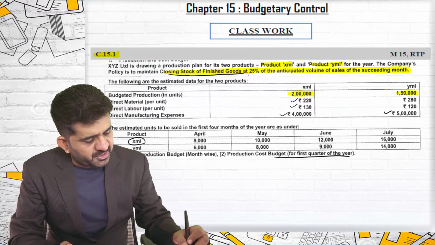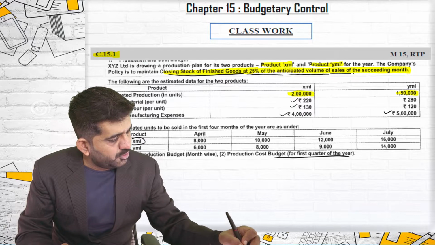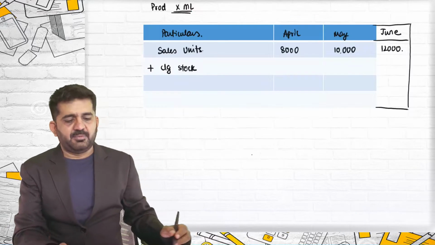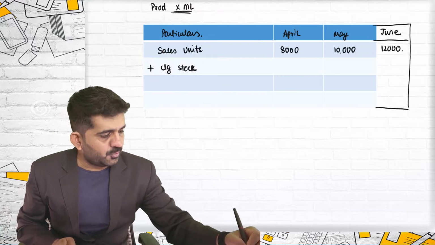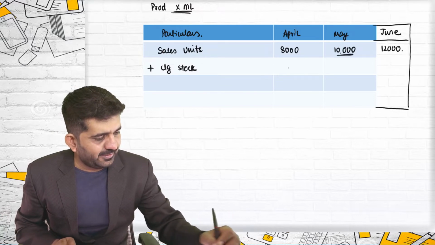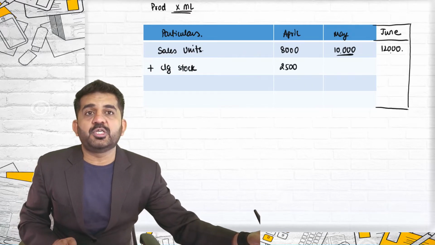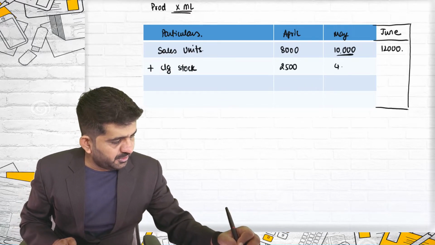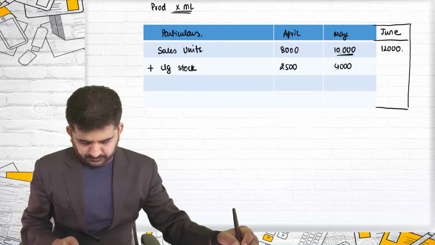Closing stock of finished goods at 25% of anticipated sales volume of the succeeding month. So what closing stock you will be keeping in April? That is 25% of May, which is 2,500. For May, 12,000 into 25% is 3,000.